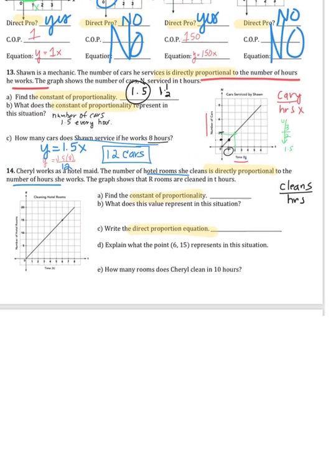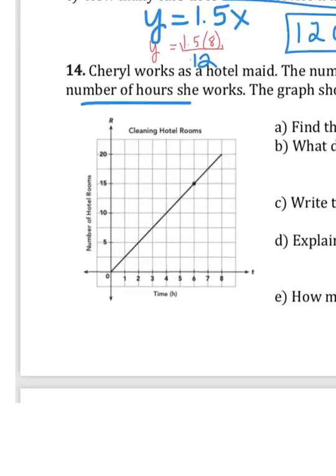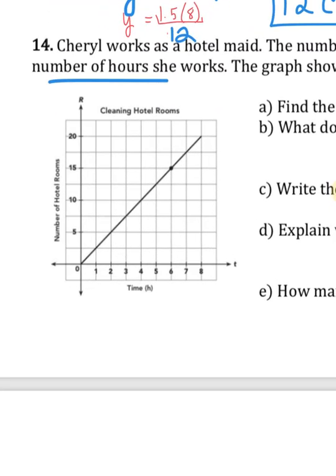Okay, so find the constant. Let's look at this. Let's find where it intersects right there. It also intersects there, but this one doesn't have a number here. So let's go with this one because I have a 5 and a 2. And so it would be 5 over 2. And that would be your constant right there, 5 over 2.